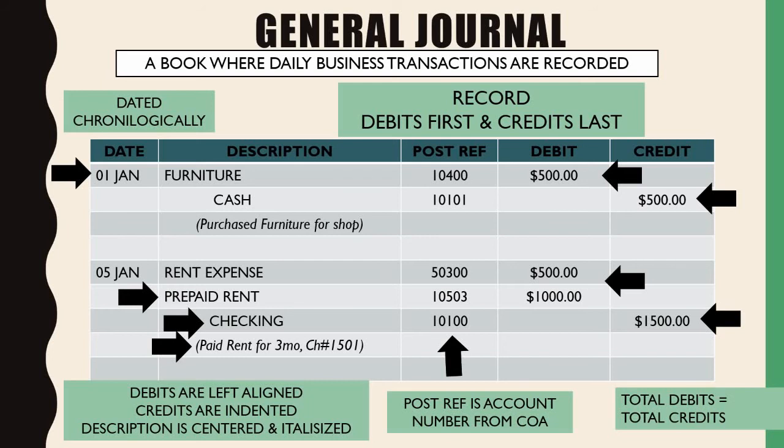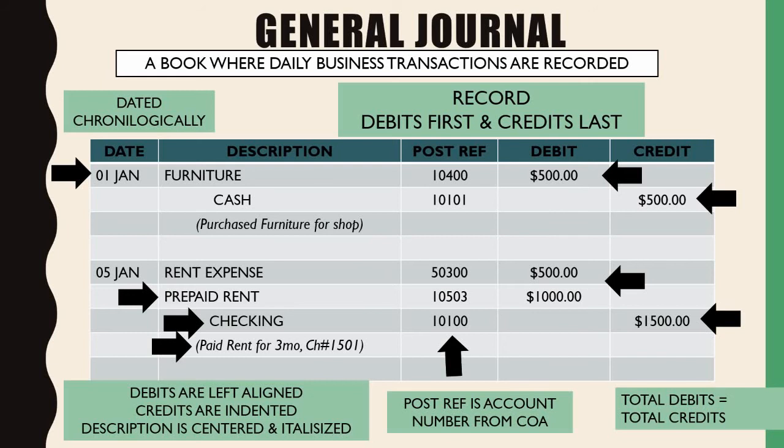So with that, the next part is the actual description. Now, the description is going to entail your account names that you get from your chart of accounts, and it's also going to contain your description of what the transaction is.